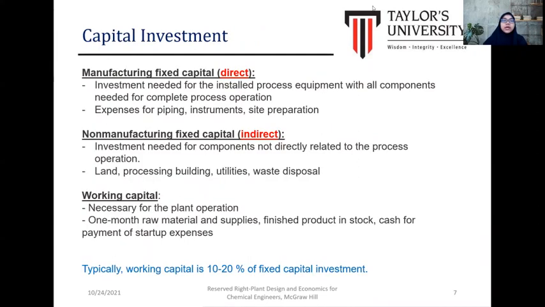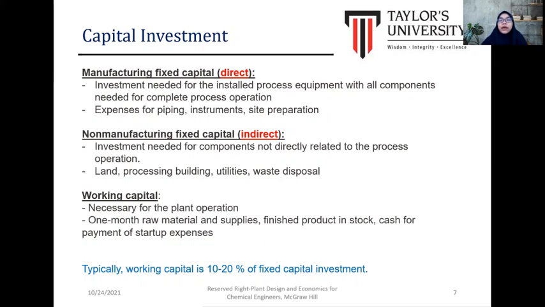Now the detail about capital investment, which can be divided into fixed capital cost and working capital. The fixed capital cost is based on the total of the direct and indirect cost. The direct cost, or the manufacturing fixed capital cost, is the investment needed for the installed process equipment with all components needed for complete process operations, such as the expenses of piping, instrument, and site preparation.